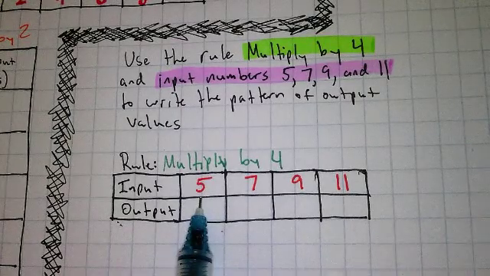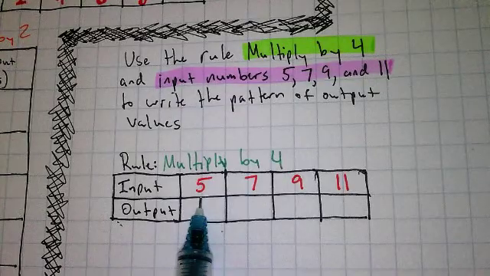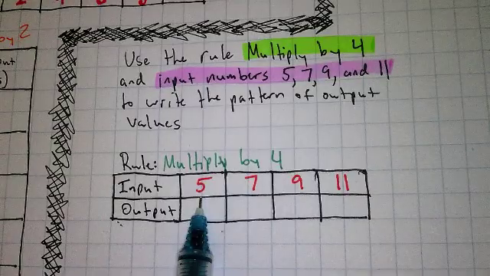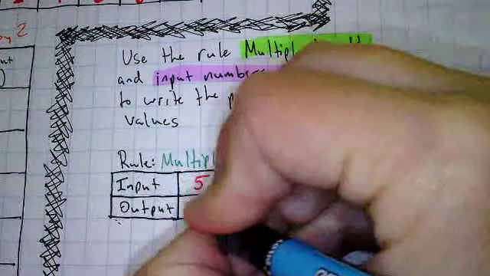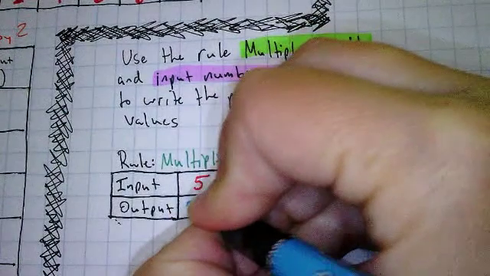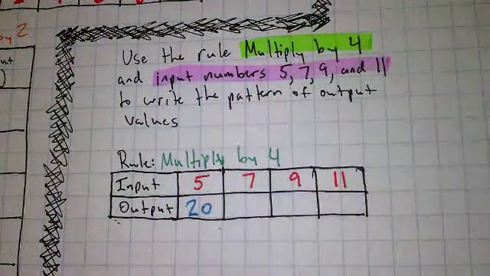Abigail, what's my rule? So what am I going to do to that 5? I'm going to multiply it by 4. What is 5 times 4? 20, good. That's my first output. I multiplied 5 times 4, and I got 20 as my output.